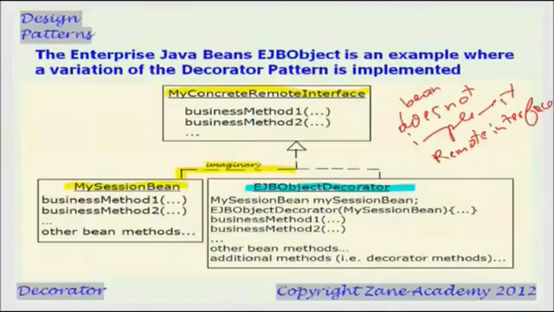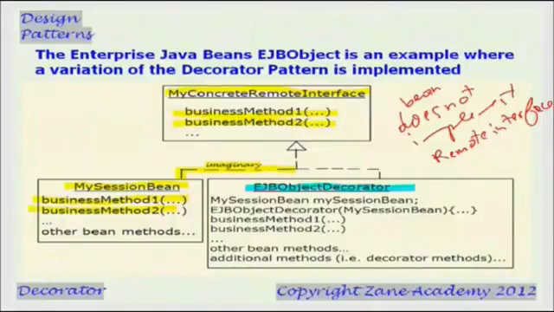So the bean does not implement the remote interface, but it has to implement, so it's a requirement in EJBs that it has to implement all the methods that are in that interface. So business method 1 and business method 2 are going to be in the bean class since they are in my concrete remote interface.